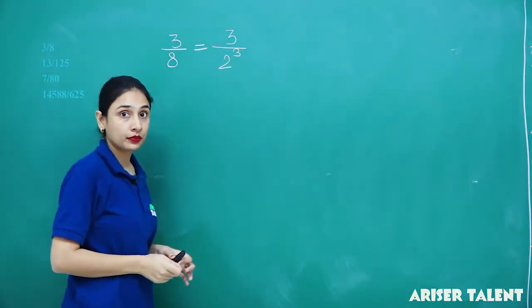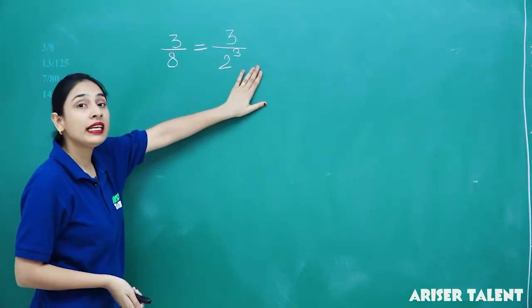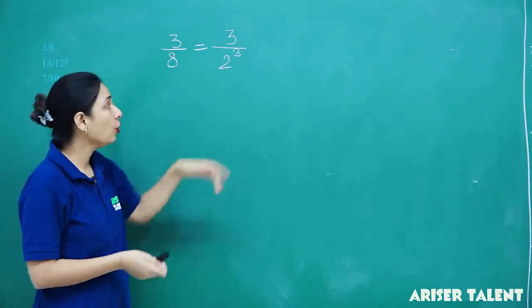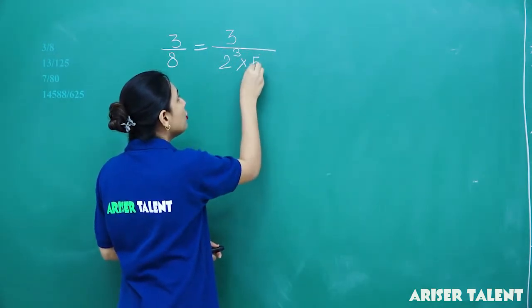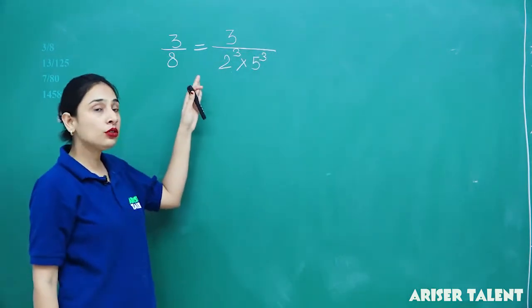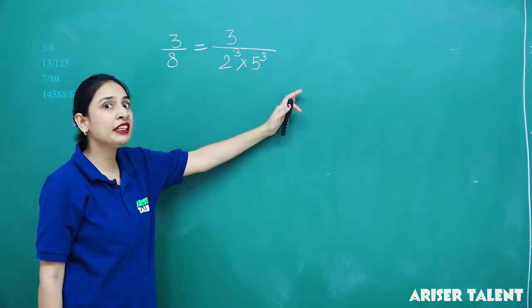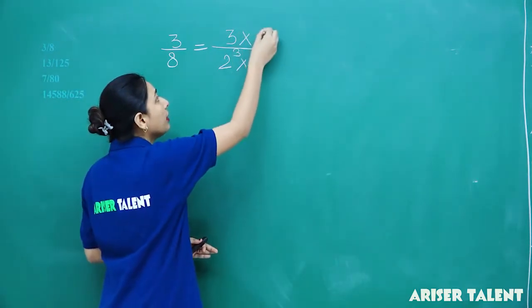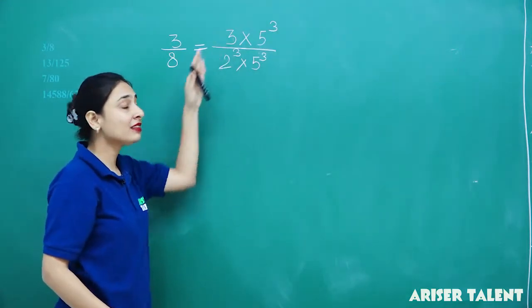Now we have to take the denominator in the form of a multiple of 2 and 5. So I will multiply it by 5 raised to power 3. By doing so, it will be converted into a multiple of 10, and I can convert it into decimal form. I will write 5 raised to power 3 here also to balance this equation.